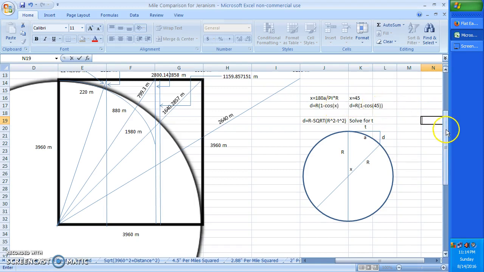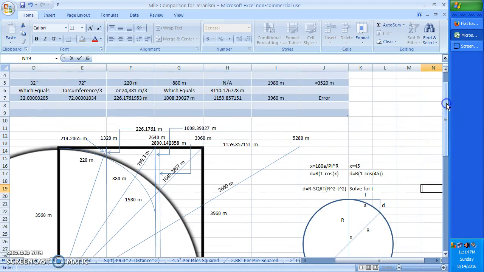And when you do that, the distance of drop is 1,159.857151, or 1,160 miles. Excellent. That is the drop in curvature along an arc distance of 3,110 miles.